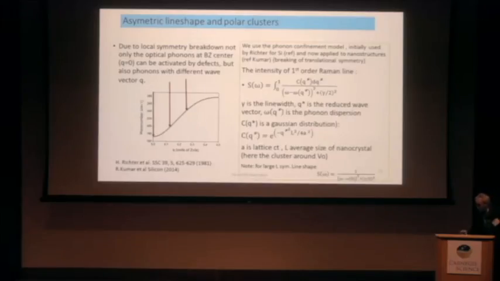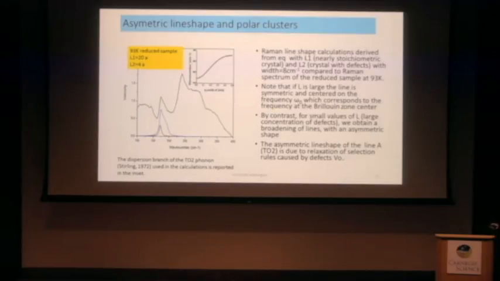So what are the results with the model? It's shown here. You have the experimental data, and we look at the A line, and we make a calculation with L1 equal to 20 lattice parameters. That means that you have a nearly stoichiometric crystal. In this case, you have the red line shape, a symmetric line.